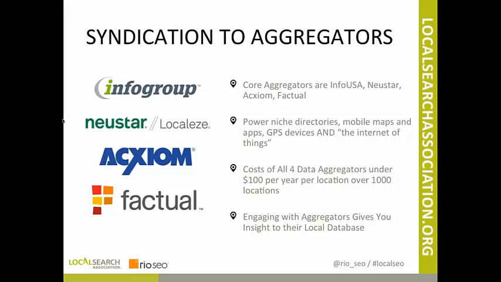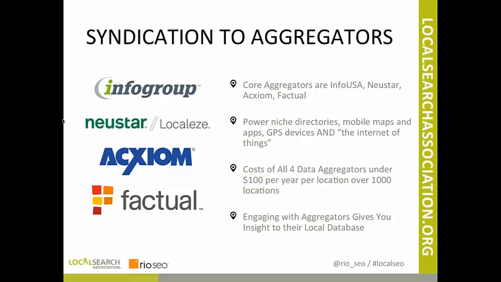These aggregators not just validate and power niche directories and yellow pages, they also power mobile applications, mobile browsers, and help validate all of the search engine information that you may be submitting to the major search engines. So it's very important, if you have the budget, to definitely syndicate your information to InfoGroup, Neustar, Axiom, and Factual.